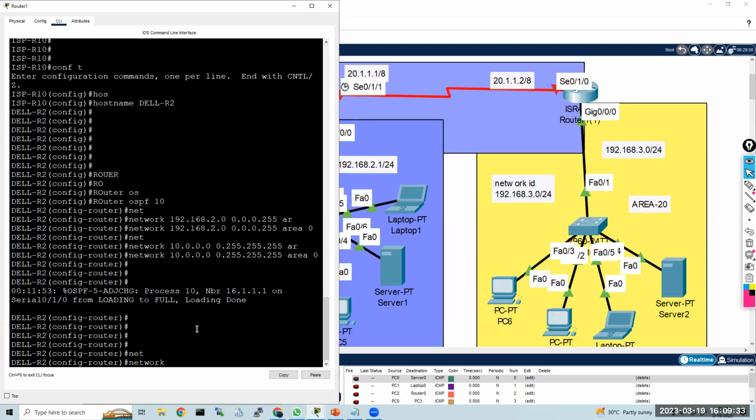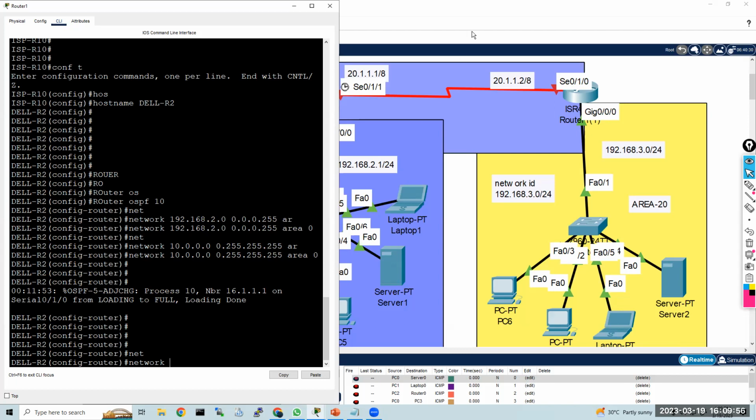Network, one more network. Which is that? Who will tell this one? 20.0.0.0. Perfect. 192.168.3.0 is router 3.